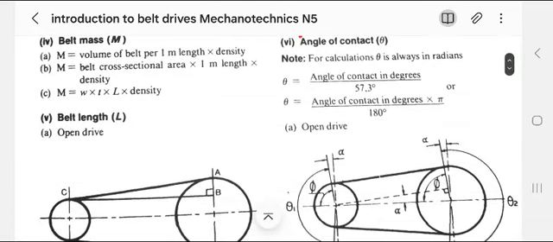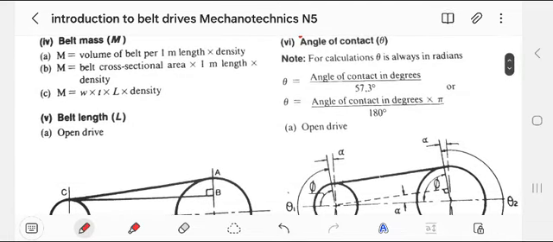right? So the belt's mass, as I've given, will be volume per meter length multiplied by density. Here it is. Belt cross-sectional area, meter length, density.